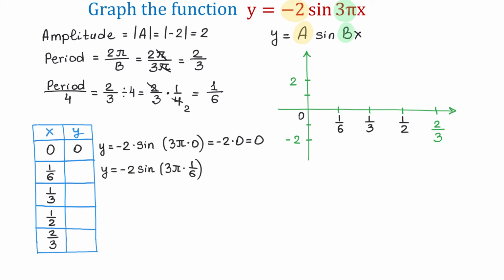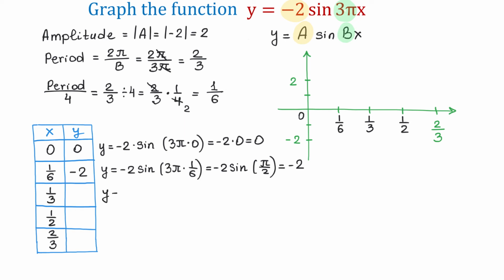So you see, for each of these calculations, I'm taking this function and I am replacing x with the values we have in the table. Here 3/6 is half. Then we will have -2 sine of pi over 2. Sine of pi over 2 is 1, and -2 times 1 is -2. Let's add it to the table, and let's continue with row 3.